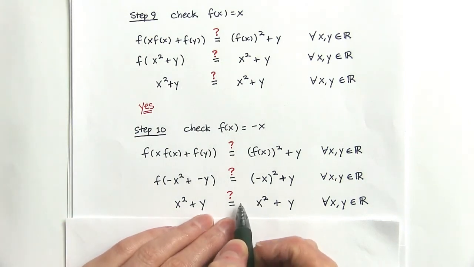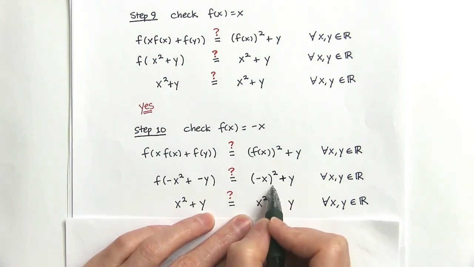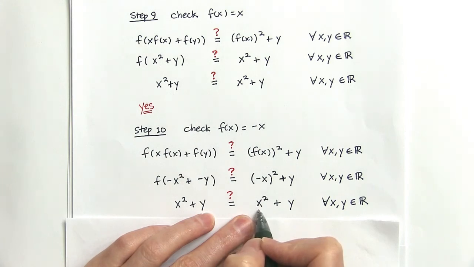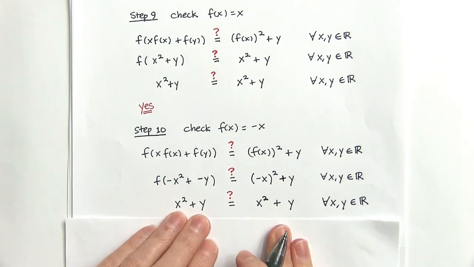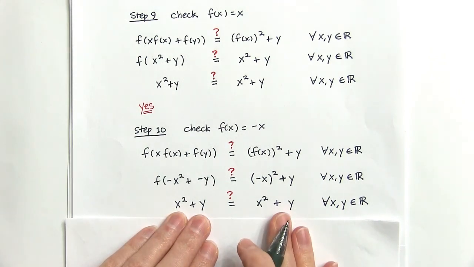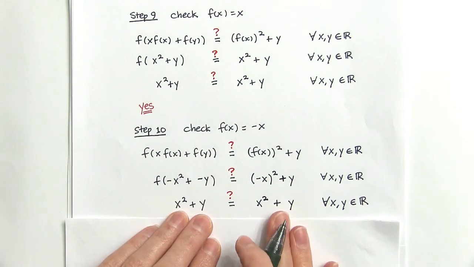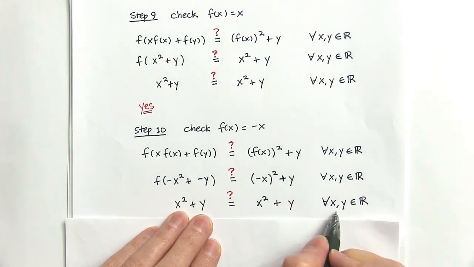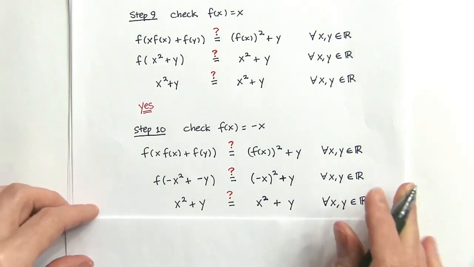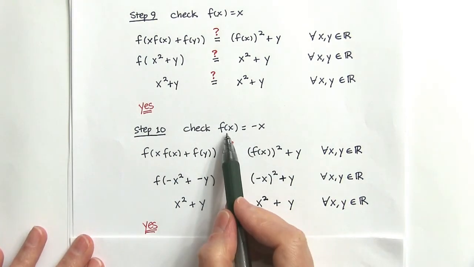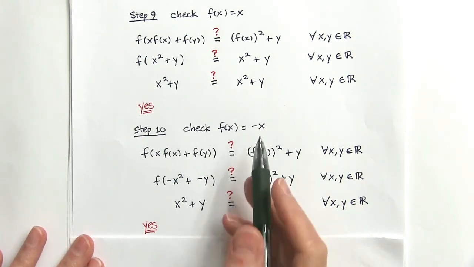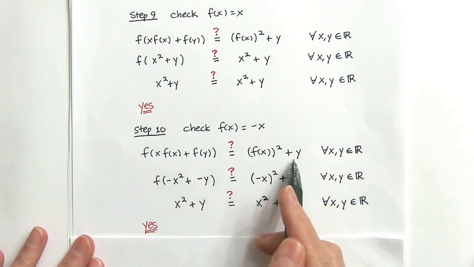And the right-hand side, the square of a negative just becomes positive, so the right-hand side becomes x squared plus y. And so yes, the left-hand side and the right-hand side both equal x squared plus y for every pair of real numbers x and y. And so yes, the function f at x is minus x satisfies the condition given in the problem.